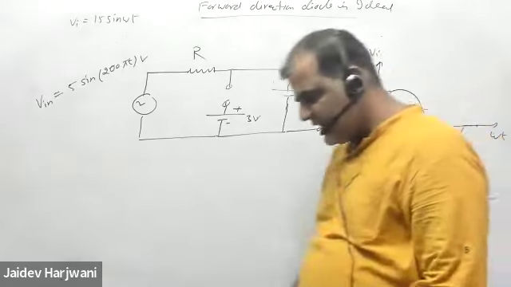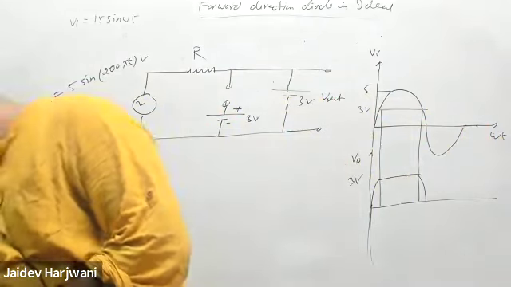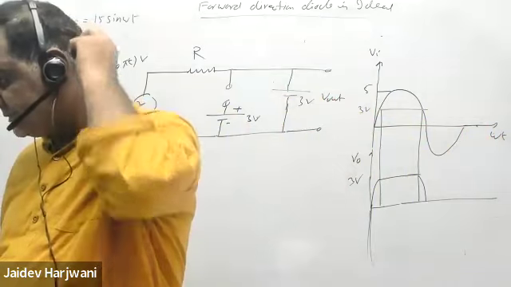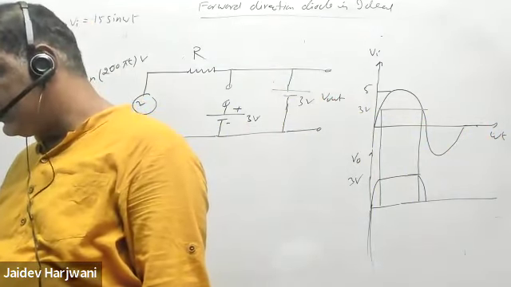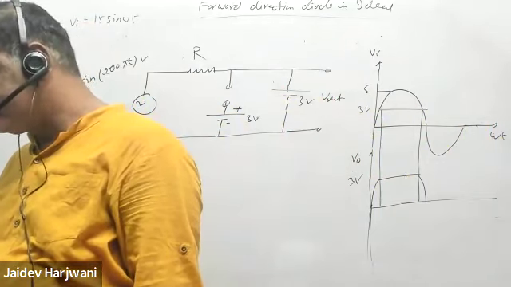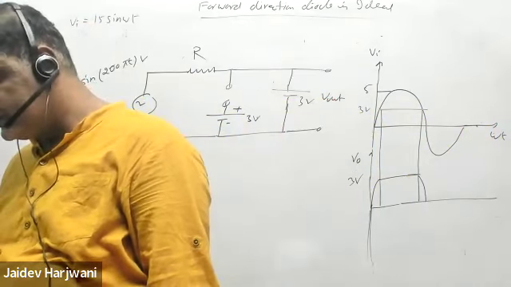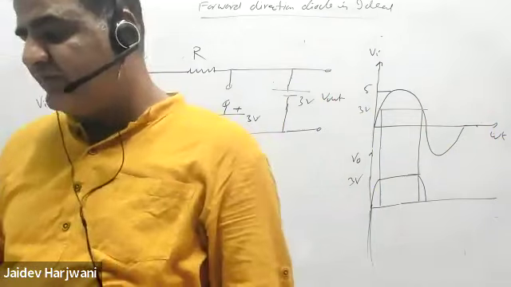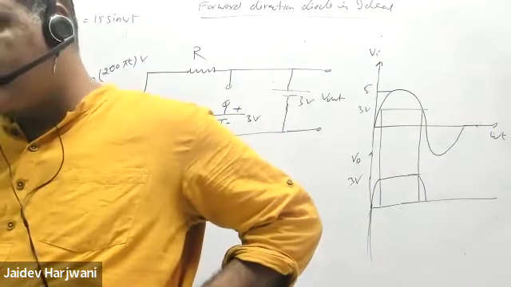And what will happen in the negative cycle? Tell me. Now the question says: for the following circuit, choose the correct waveform corresponding to V output, given the forward bias voltage of the diode.